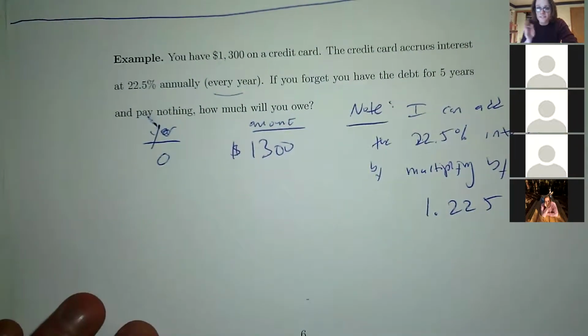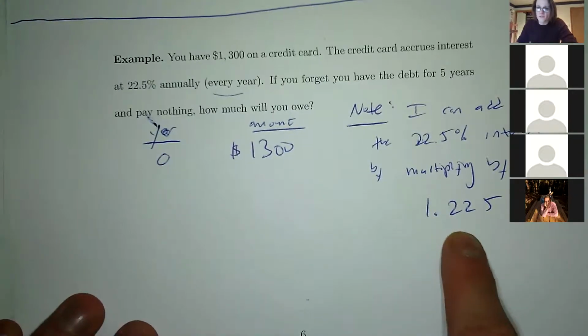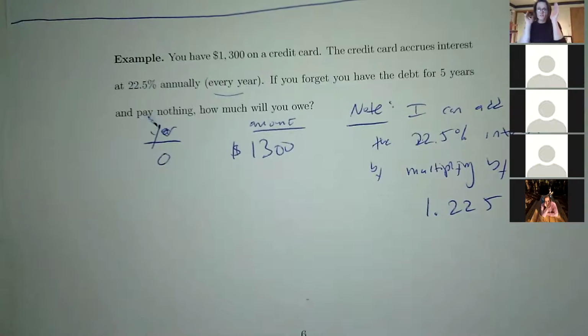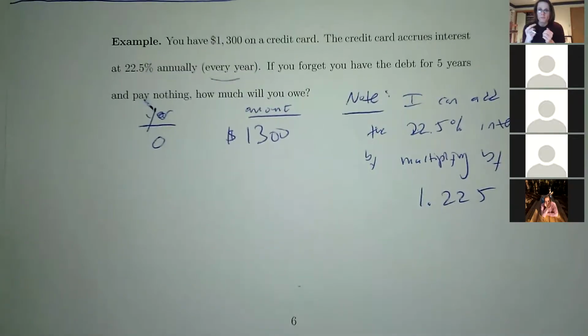It's the same reason as before: it's 122.5%. The 100% corresponds to the fact that your 1,300 isn't going anywhere, and you're adding on that 22.5%.